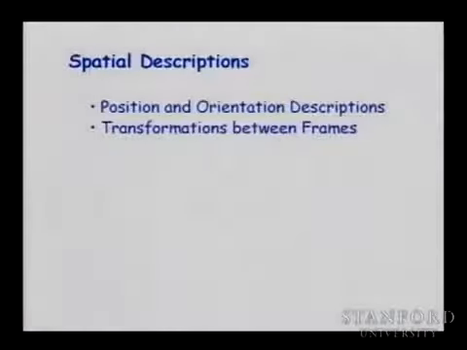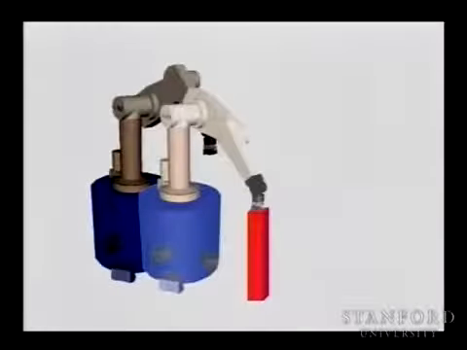Then we need to deal with the transformation between frames attached to these different objects. Because here, to know where this end effector is, if you know the position of those different objects, you need to know how you transform those descriptions to find finally the position of your end effector.